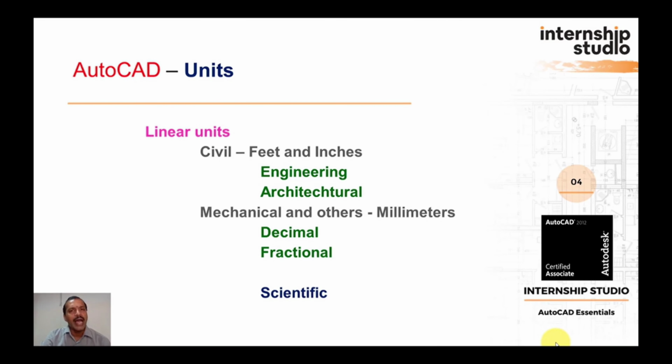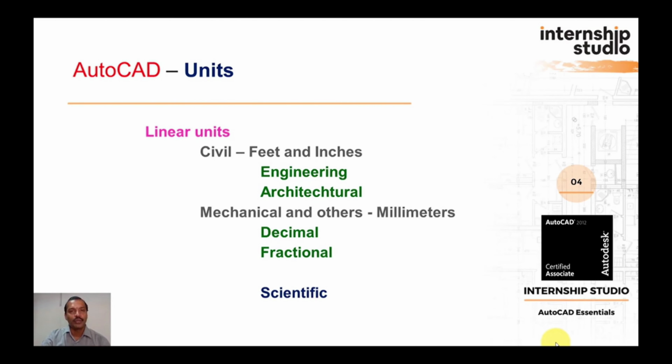Apart from this, we have scientific. In civil we have two methods, engineering as well as architectural. Why these two? What is the difference here? Similarly in mechanical we have two options, decimal and fraction. Both are millimeters only. Why do we have two? We will discuss these things later in this session.